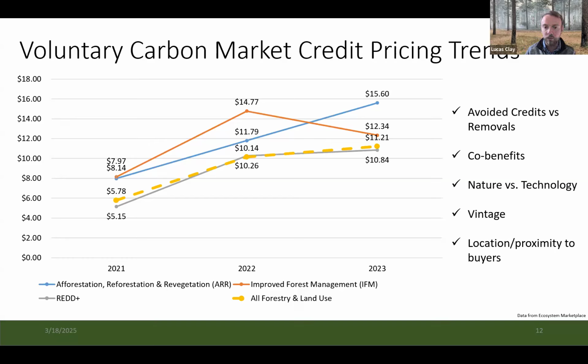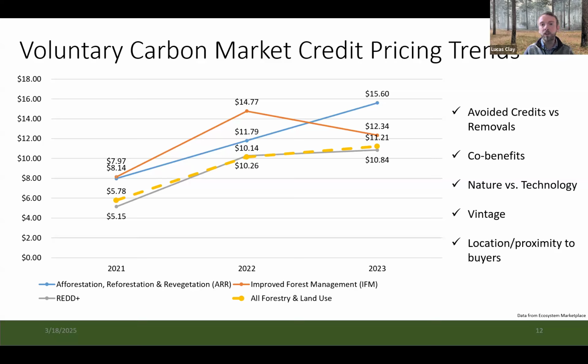But what we can see in terms of a trend overall is an increase in carbon credit pricing over the last couple of years. So we have three different project types here, as you can see: improved forest management, afforestation, and REDD+ or avoided conversion credits. But overall, we see this increase in the dotted yellow line from around $5 a ton in 2021 to up to about $11 a ton.